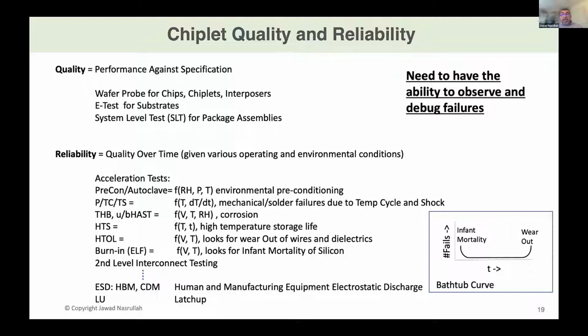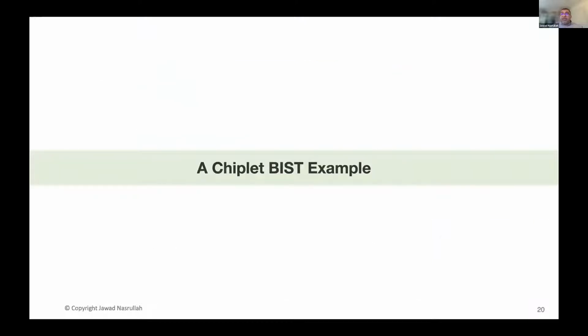So HTOL, for example, is an important test to plan out early because it takes a long time and it needs to mimic the actual usage of the product in the field. So that will be more favored with advanced packaging than the burn-in piece. So that takes me to my next example.